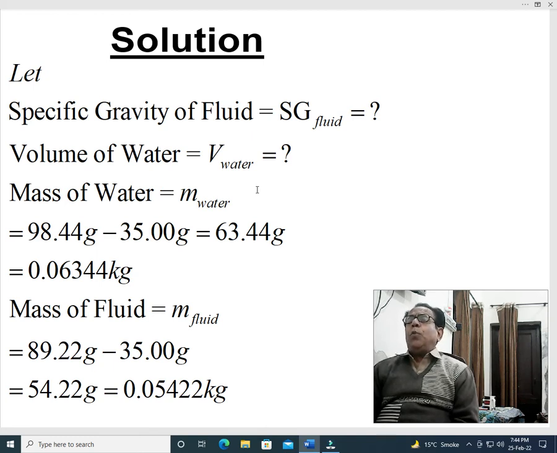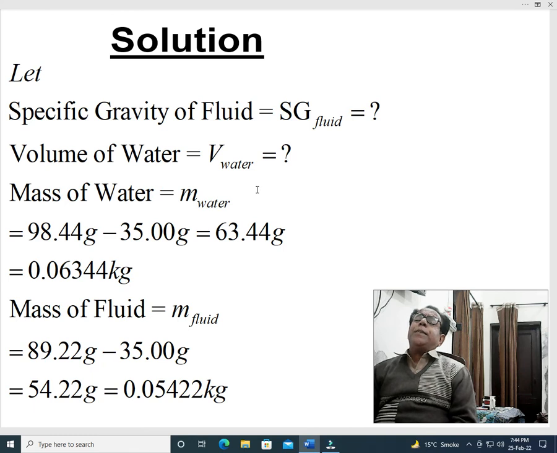Now, volume of water is V water, with water as a subscript of V. This is again equal to a question mark because it is also to be determined.